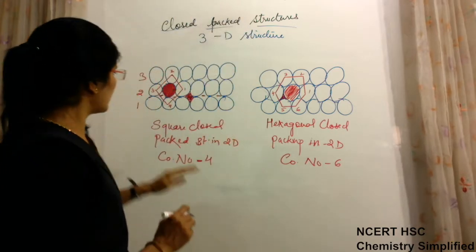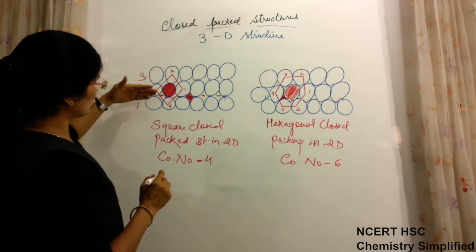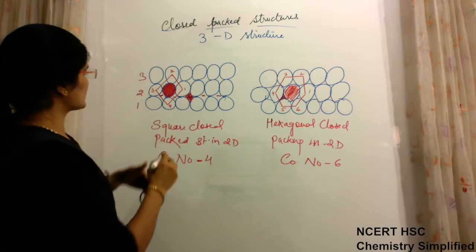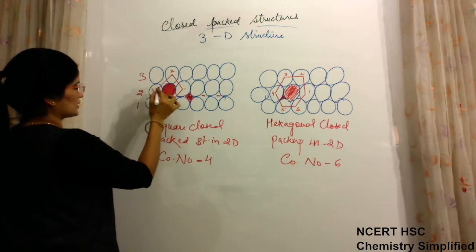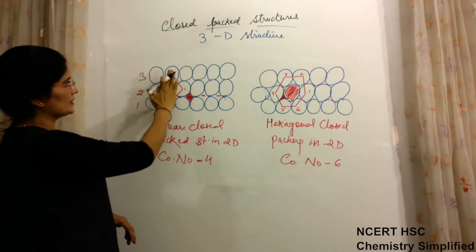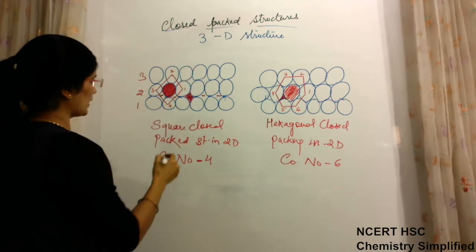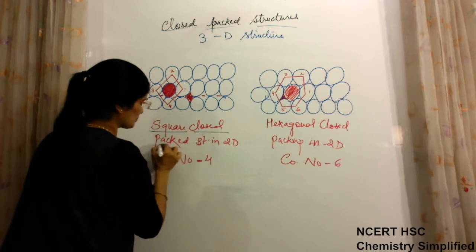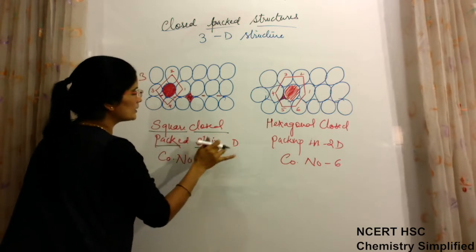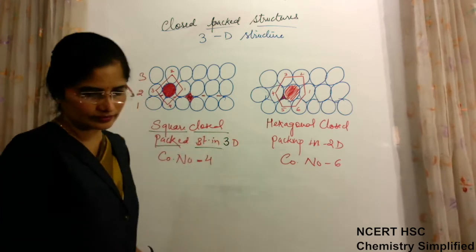One way is this, that we go on keeping the third layer or the 3D structure exactly over this. We go on keeping, it will rise like this. So the structure will be known as again square close packed structure, but now it will be in 3D.